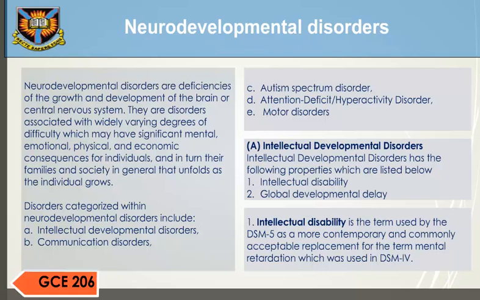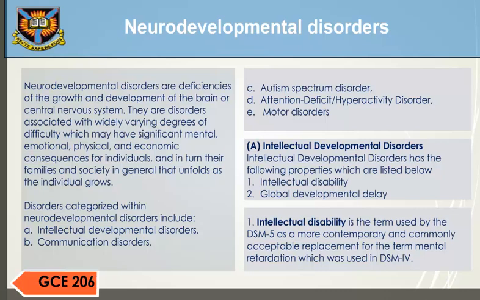Disorders categorized within neurodevelopmental disorders include: A. Intellectual developmental disorders, B. Communication disorders, C. Autism spectrum disorder, D. Attention deficit or hyperactivity disorder, then E. Motor disorders.